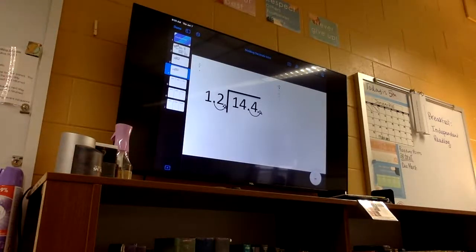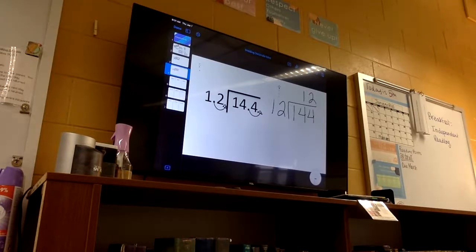Now I'm going to rewrite it. So now I have 12 outside of my house and 144 inside my house. You should be able to do this without actually doing the math. The answer is 12.